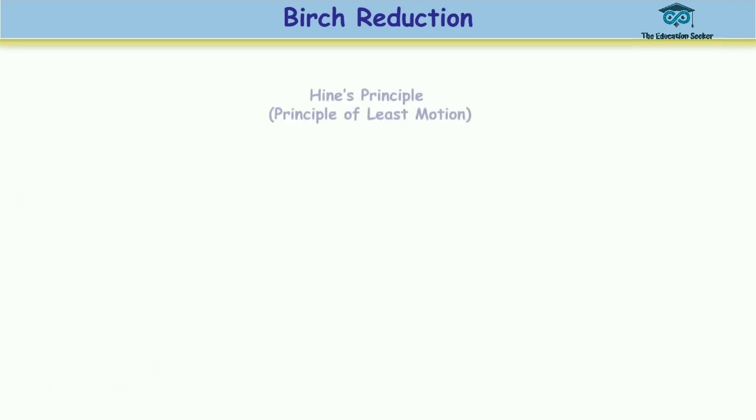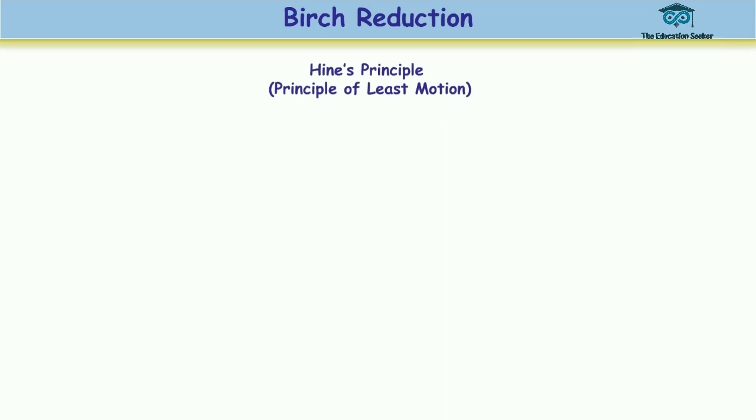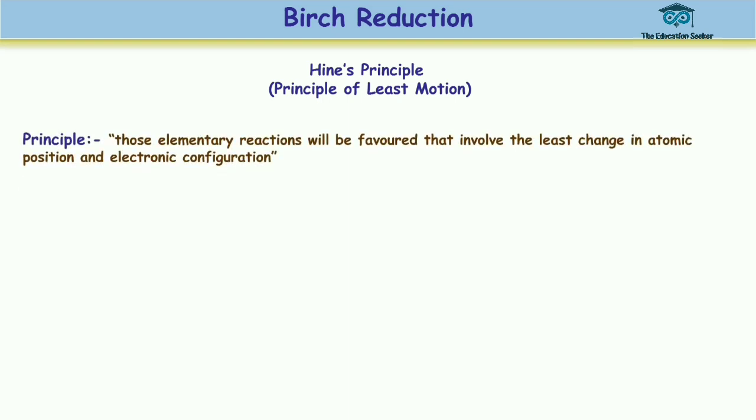Now the last one, the Hine principle, also known as the principle of least motion. This principle says that those elementary reactions will be favored that involve the least change in atomic position and electronic configuration. Say, for example, if you have a chemical reaction that can theoretically produce two products like P1 and P2, the particular product that requires the least change in nuclear position is more likely to be formed.